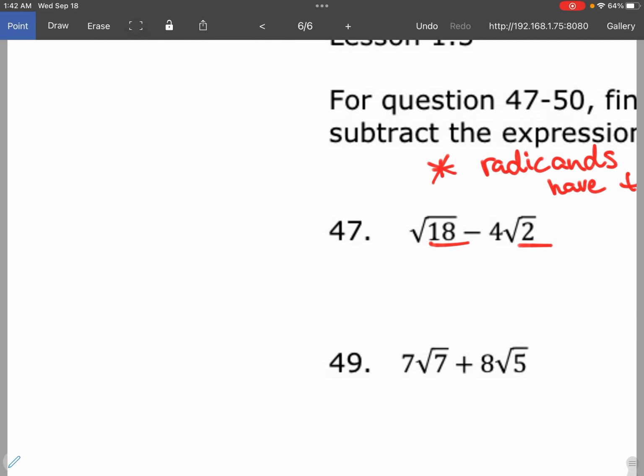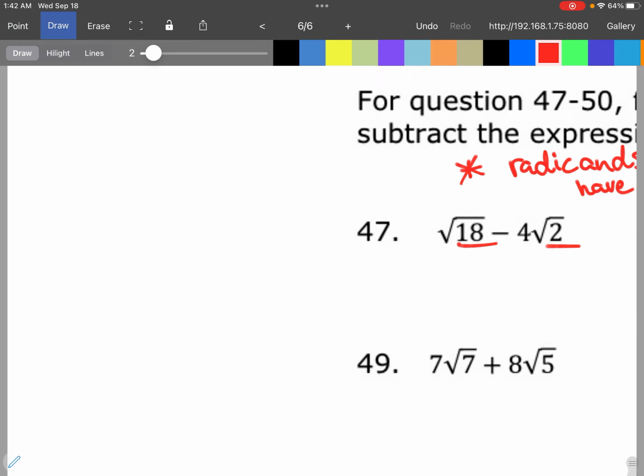So let's go off to the side real quick and break down 18. We can't break down 2. 18 is really disguised as 2 times 9. And then 9 is going to break down into 3 and 3.